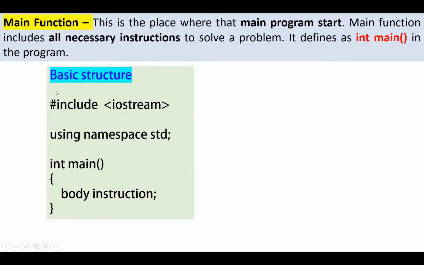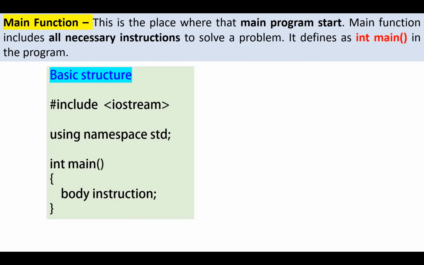Start with the hash symbol. That's the actual syntax. Start with the hash symbol, then use the word include. Then give a space, and within this angle bracket, you give the header file name required by the program.